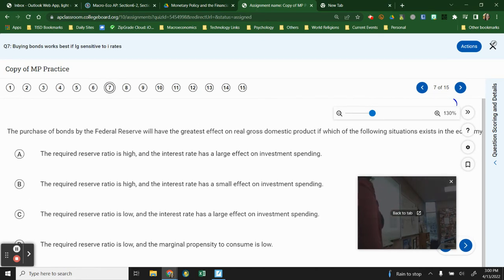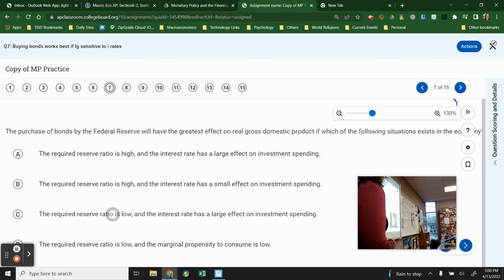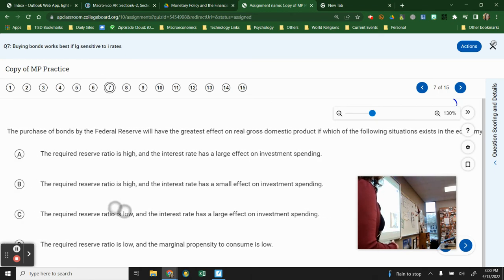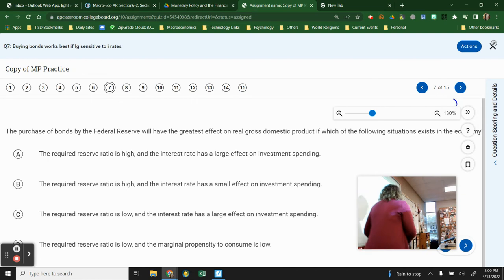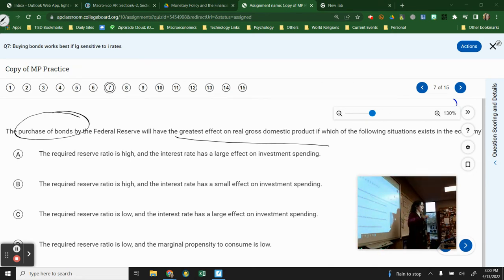Another question: purchase of bonds by the Federal Reserve will have the greatest effect on real GDP if which of the following situations exist in the economy. This was a difficult question. They are purchasing bonds. Purchasing bonds is what type of policy?